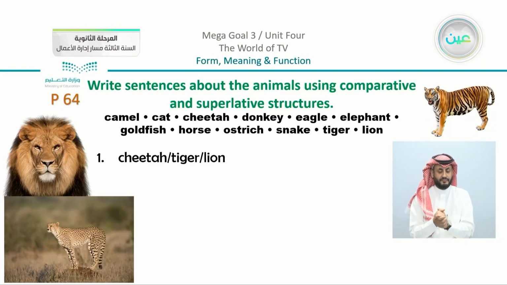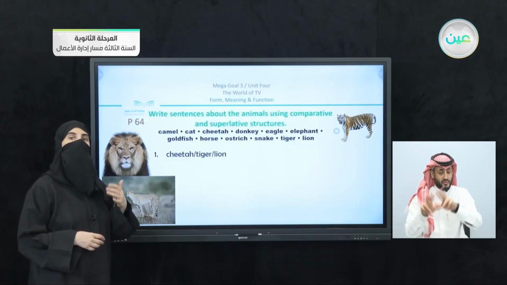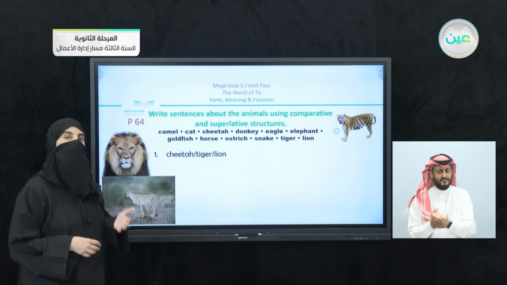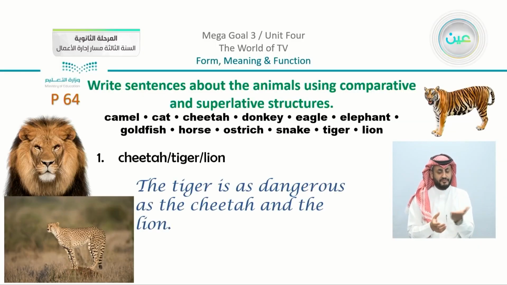So we have here, first of all, number 1, cheetah, and the tiger and the lion all together. So how can you compare between the three animals? You can see that they are all three fearsome animals. They are all predators. So what can we say? For example, the tiger is as dangerous as the cheetah and the lion.